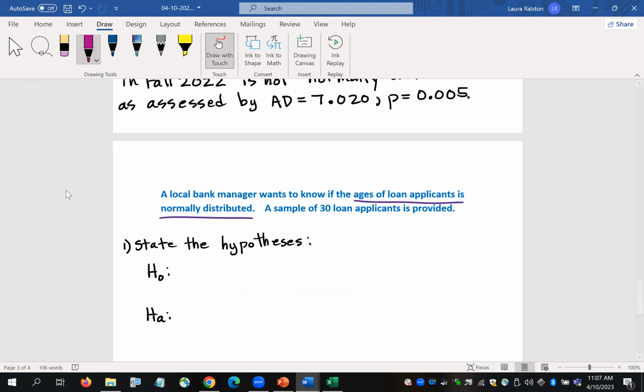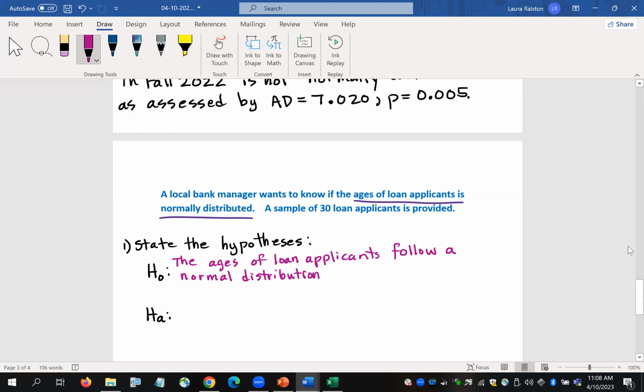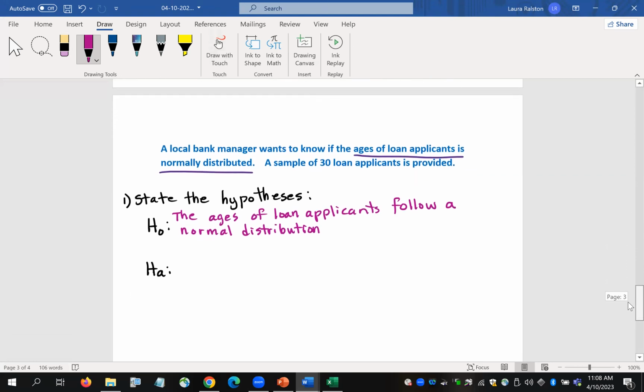I would say the ages of loan applicants follow a normal distribution. The null hypothesis will always be that the variable follows a normal distribution.